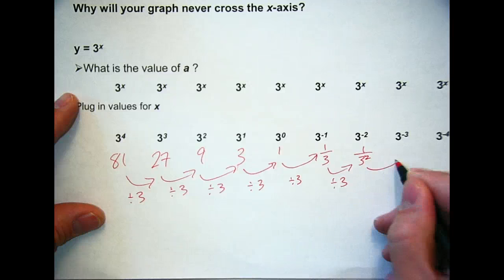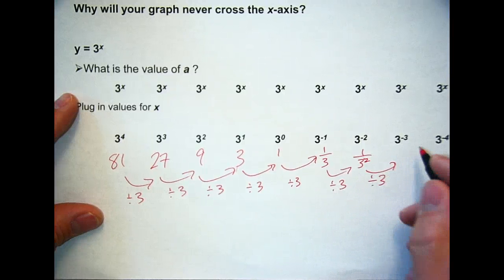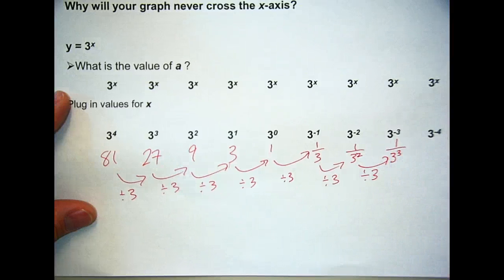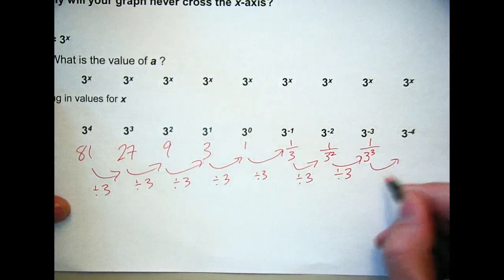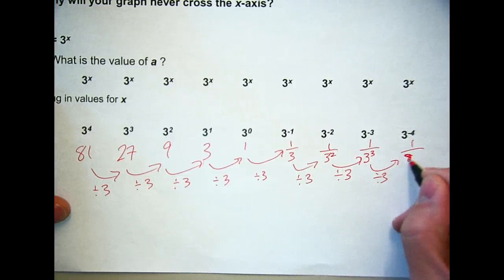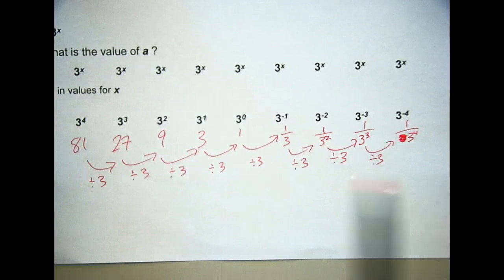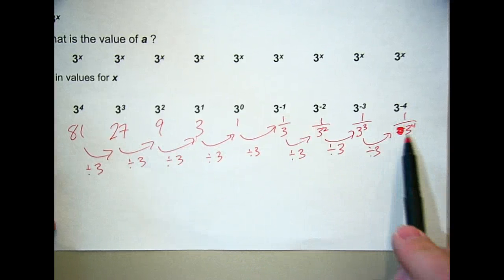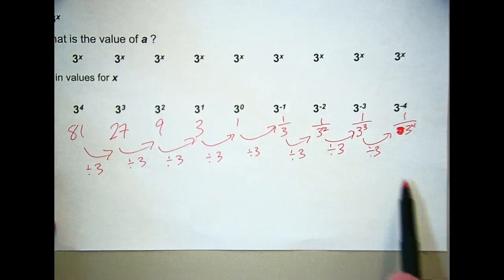What is that divided by 3? 1/27, or 1 over 3 cubed. What is that divided by 3? 1 over 81, or 1 over 3 to the 4th. You are getting infinitely close to what number? 0. You are never getting there.